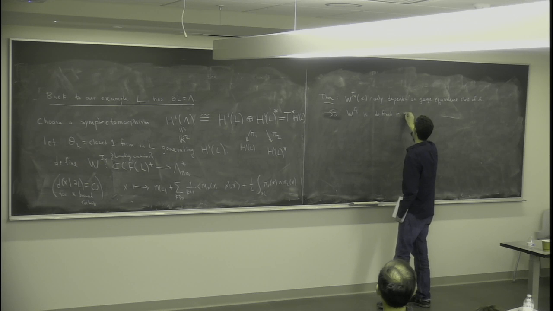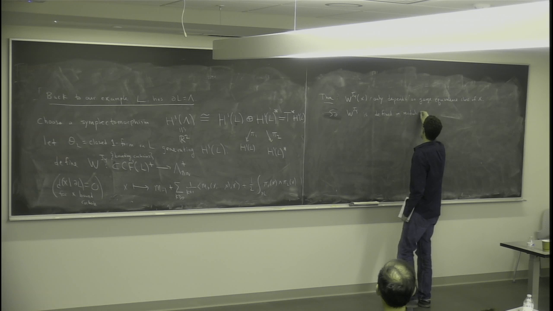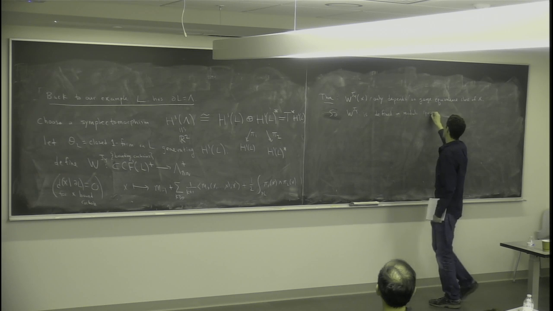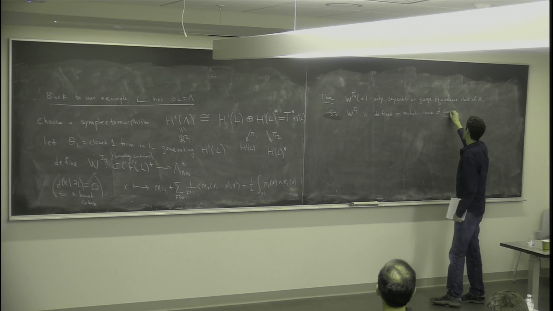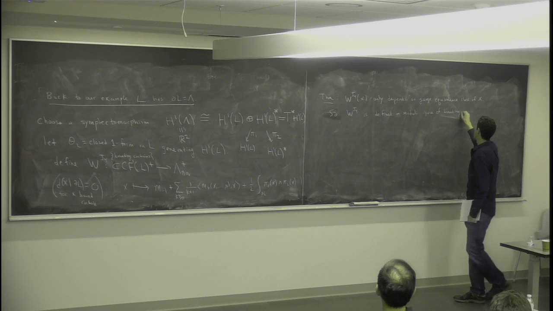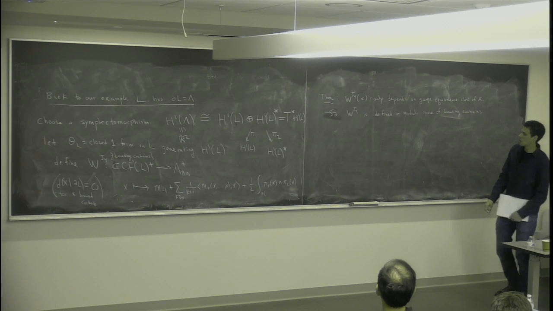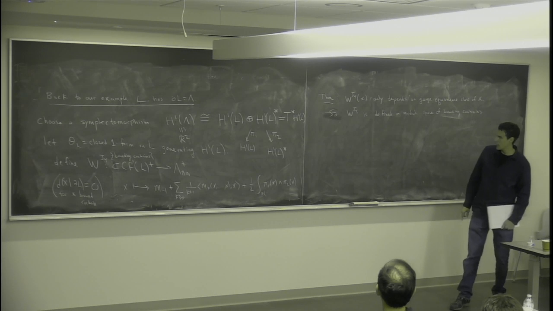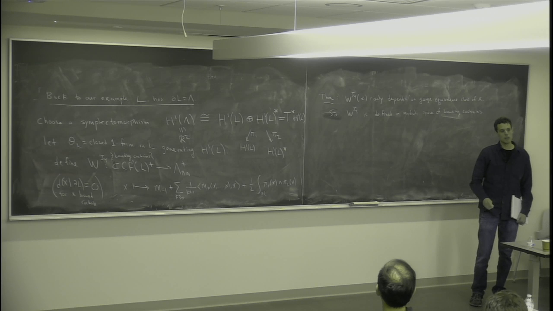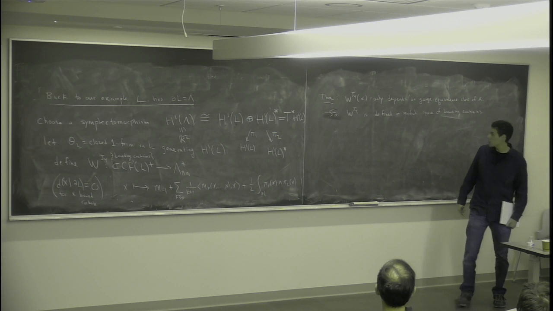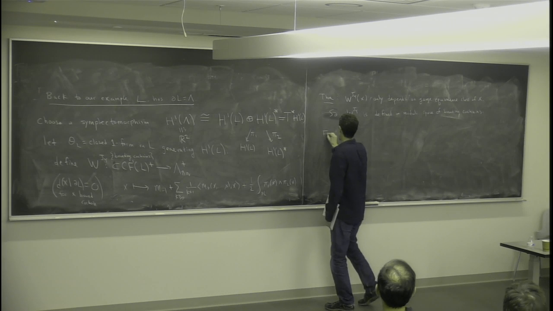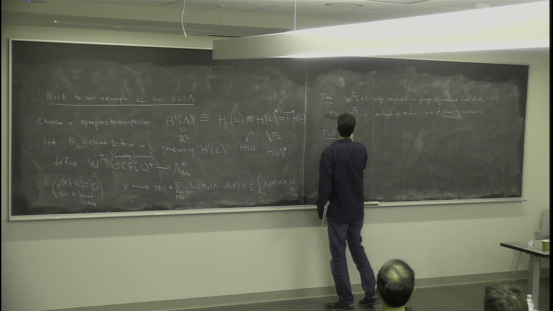And because the cohomology of L is simple, H^2 of L is actually equal to 0, and H^1 of L is one-dimensional. This means that there's a one-dimensional family of bounding cochains. In fact, because H^1(L) is R and H^2(L) is 0, the obstruction for finding bounding cochains lies in this cohomology group.